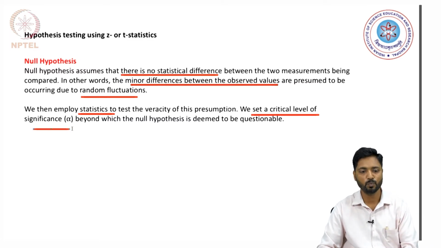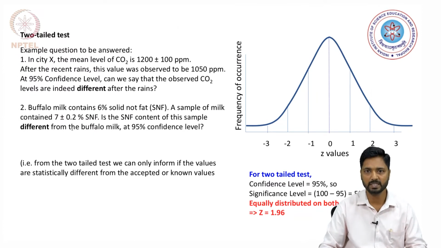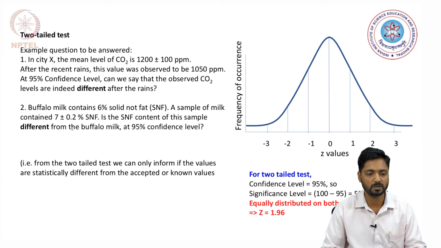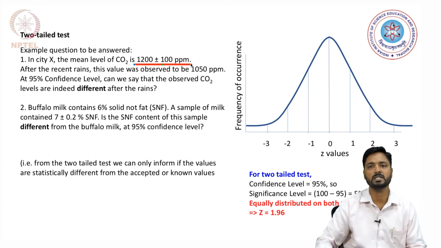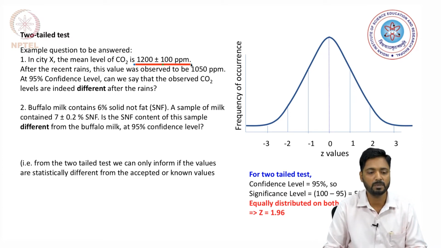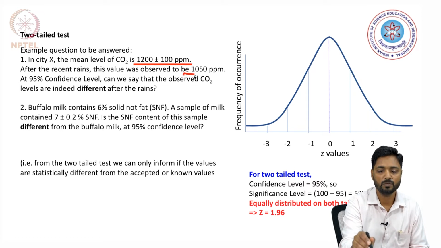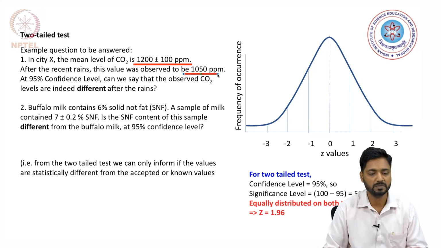Now let us move to the concept of the two-tailed test, which is a test most routinely utilized for comparing two data sets. Let us understand this concept by taking two examples. The first example is that of a certain city in which the mean level of carbon dioxide is listed as 1200 plus minus 100 ppm, while after a recent spell of rains, this value was found to be 1050 ppm.